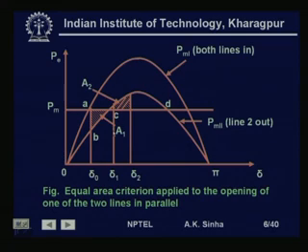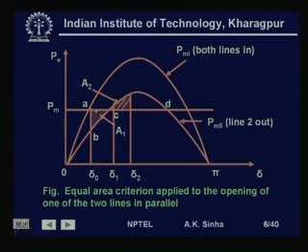Finally, there is going to be an oscillation of the delta angle about this point C, and eventually the oscillations will be damped out and the system will work at this point C.